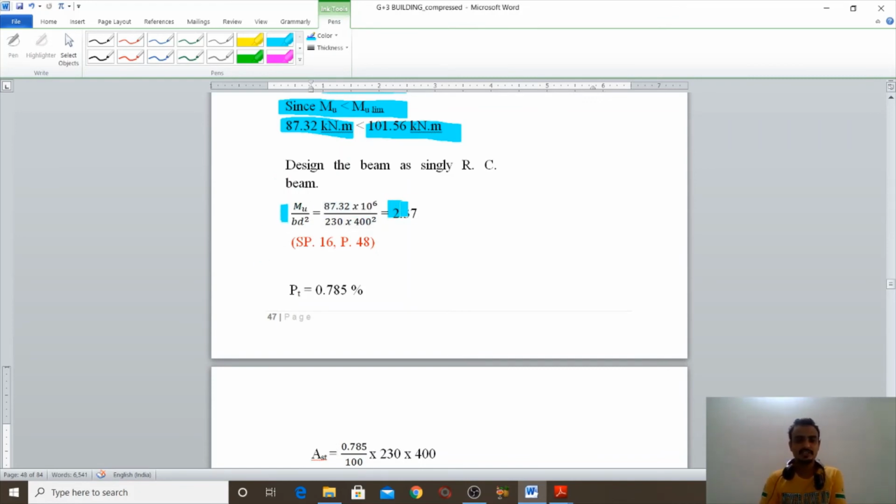For the singly reinforced beam design, Mu upon bd square is 87.32 into 10 raised to 6 divided by 230 into 400 whole square, which is 2.87. Pt is 0.785 percentage. From the SP60 we can find out Pt, percentage of steel at the tension zone.